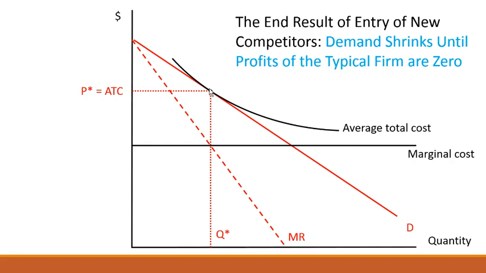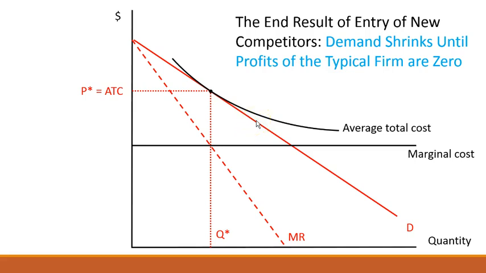That's going to mean that the demand curve is just touching the average total cost curve, so that only at this level of output can the firm charge a price that's going to just cover its costs. You can see just by looking at the picture that if the firm charged any other price and produced any other amount of output, its price would lie below average total costs.